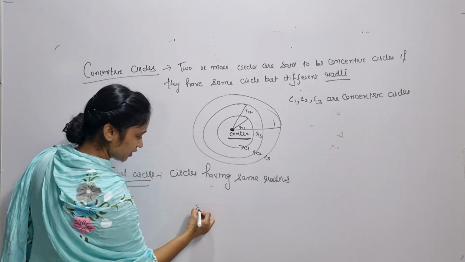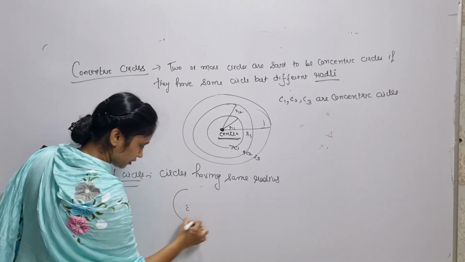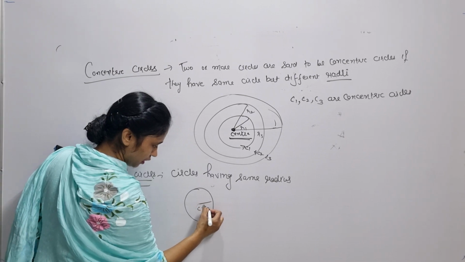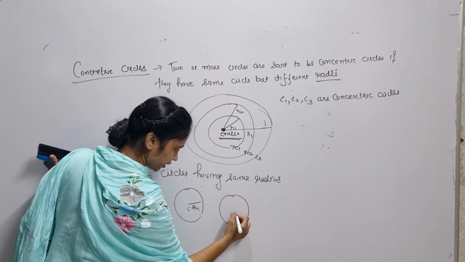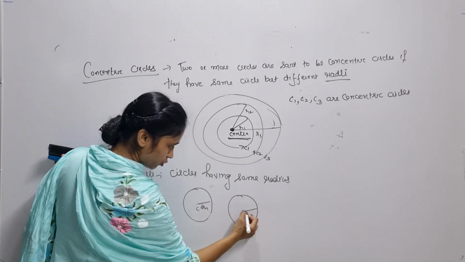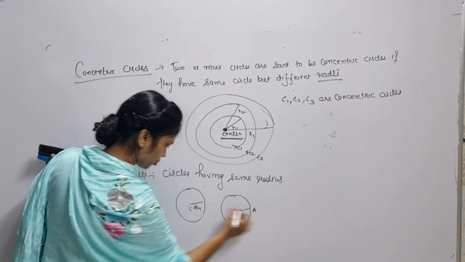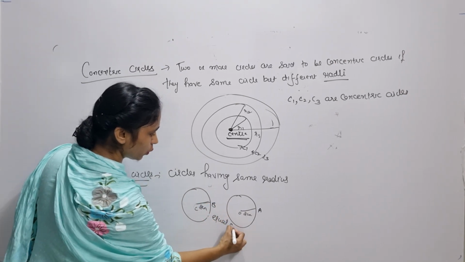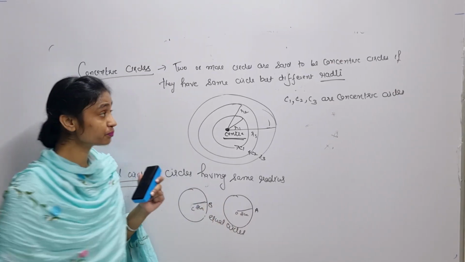So this is the center of the circle. If you have taken radius 2 centimeter, another circle of radius 2 centimeter, we have drawn two circles of 2 centimeter radius. Suppose this is OA, this is CB. So these two circles are equal circles.